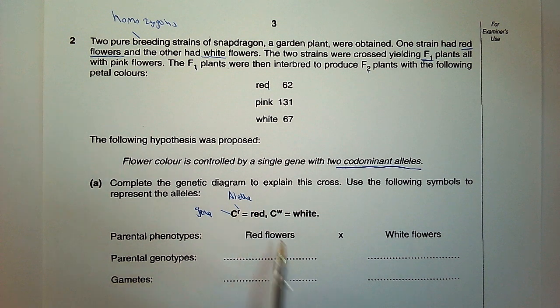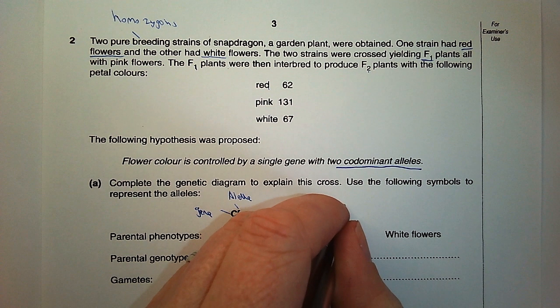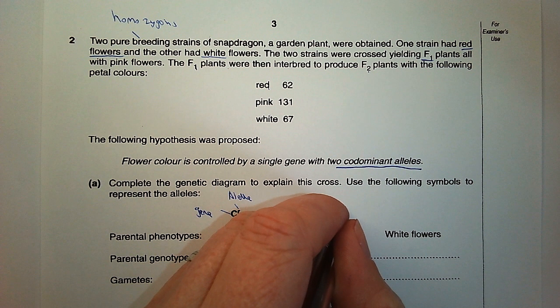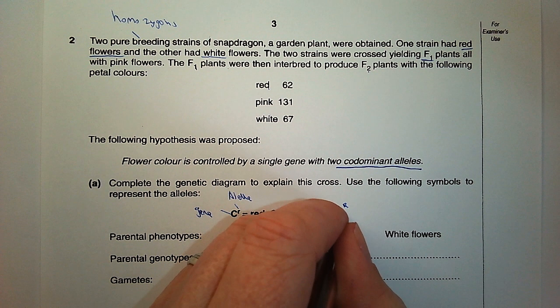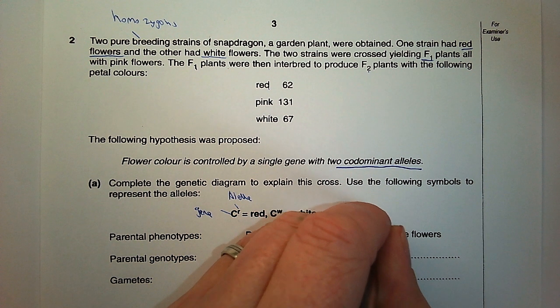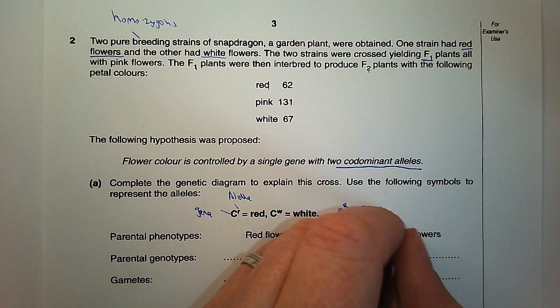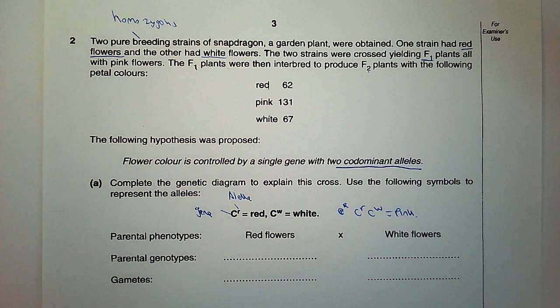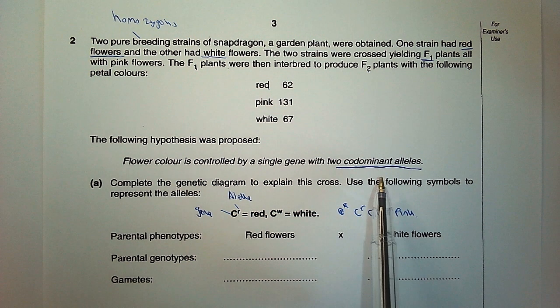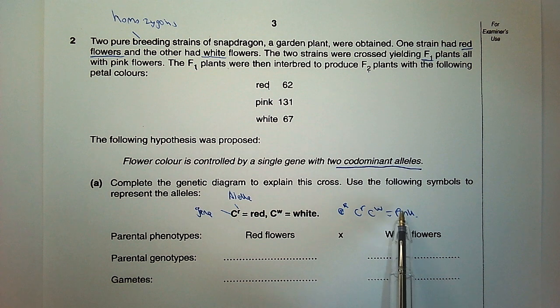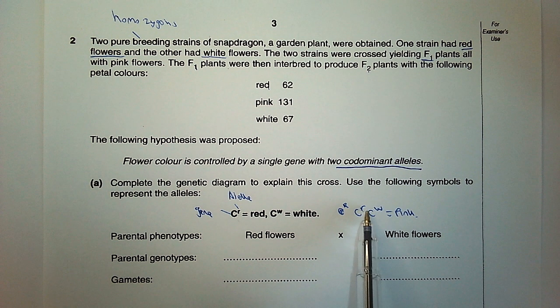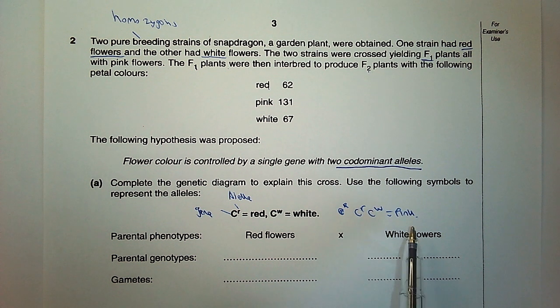Because these are codominant, if we had the heterozygous CR-CW, these flowers would be pink, because in a codominant cross, both alleles will be shown as a characteristic in the phenotype.